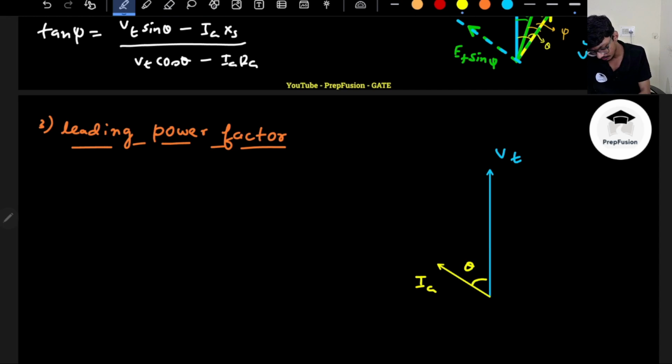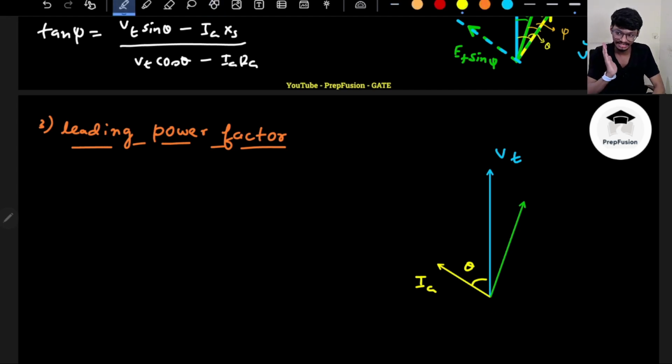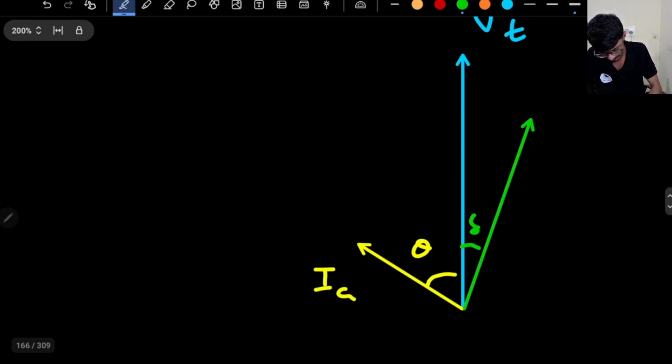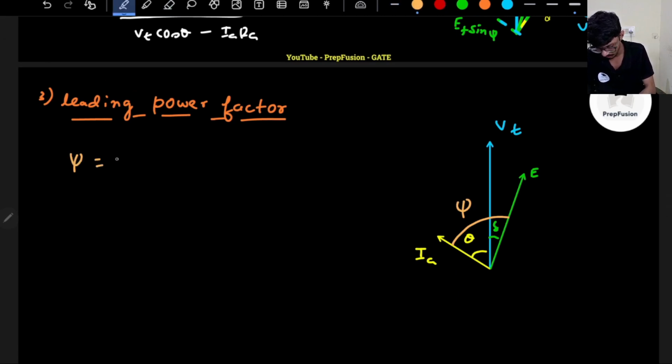And remember, E will always lag Vt, because active power will be sent from the terminal infinite bus to the motor. That's why. And this will be your delta. So this time what is your xi? In case of leading load, the xi, the internal power factor angle, is the addition of theta and delta, right? Just the opposite in case of a generator.